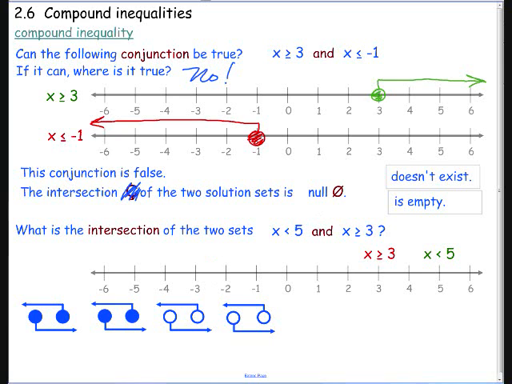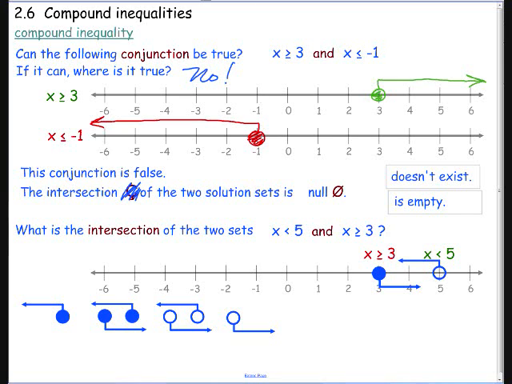Well, let's see what we can come up with for this one. We've got greater than or equal to 3, so I'm going to be going in this direction, and I'm going to be using a solid dot, which will be placed at 3. This one, x is less than 5, I'm going to be using an open dot, and I'm going to go in the negative direction when I'm less than, and that's going to happen at this point.